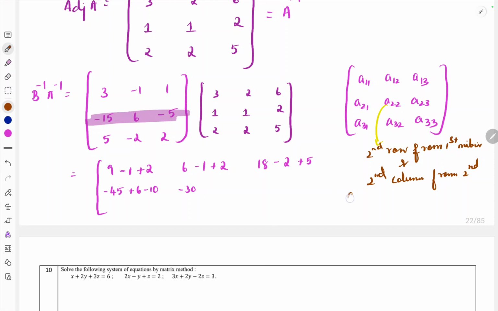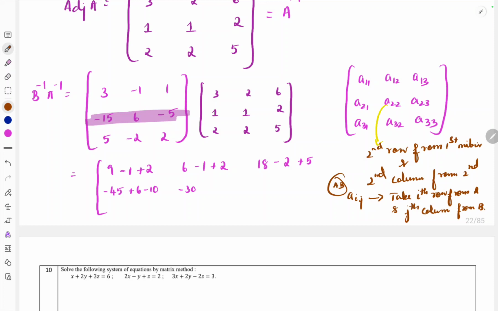So if we have to find Aij, we have to take ith row from first matrix, suppose AB, then I take ith row from matrix A and jth column from matrix B.